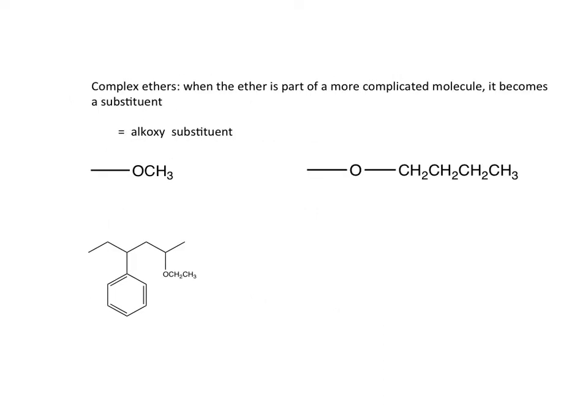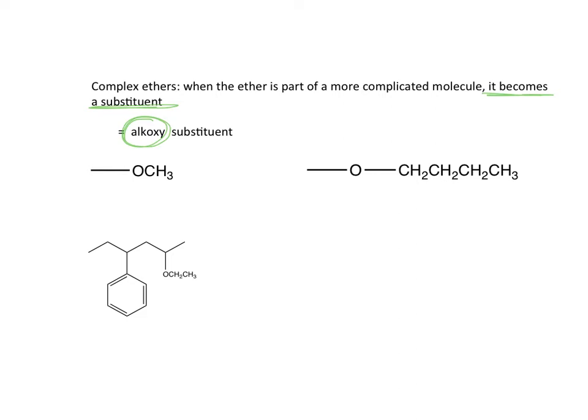So, we're going to next discuss something that's a little more general, which is naming compounds as complex ethers. This is when the ether is part of a more complicated molecule. In that case, what you do is you treat it as a substituent. And as a substituent, it is called an alkoxy group.